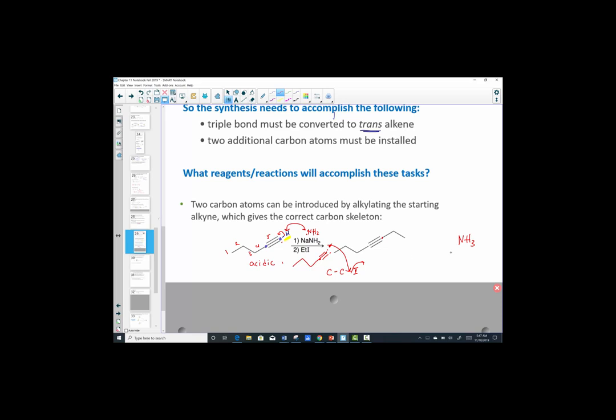In the second step, the iodide has left, and that's now the new site of attachment. The negative electrons on the carbanion become the new bond attaching to the carbon, because the electrons go with the iodine.